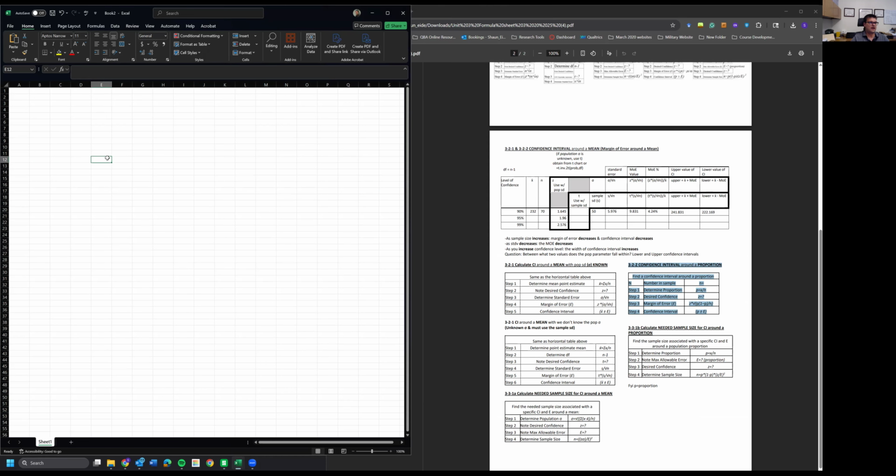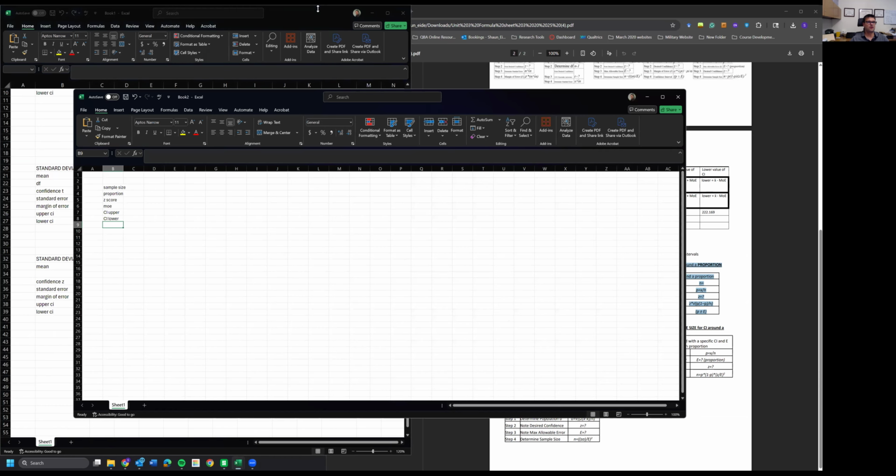I'm going to list: sample size, proportion, Z score, MOE for margin of error, and then CI upper, and then CI lower. Okay, and so let's come right over here. I'm going to minimize this, and we will fill in what we need to fill in.